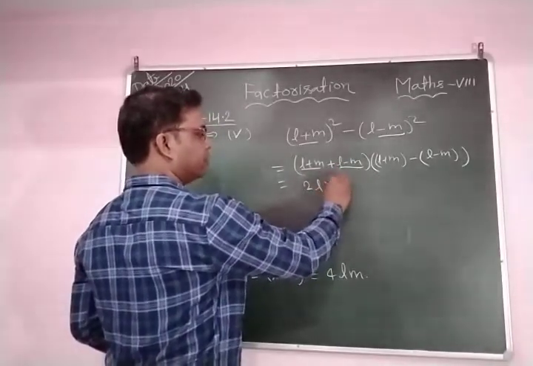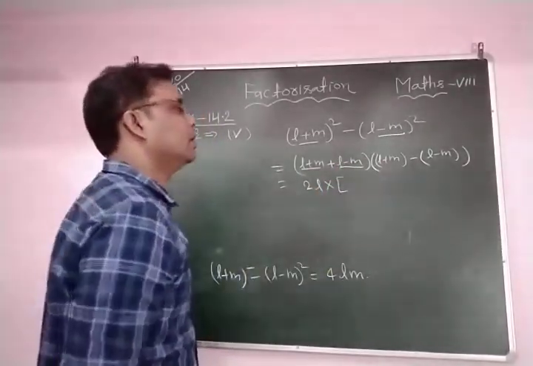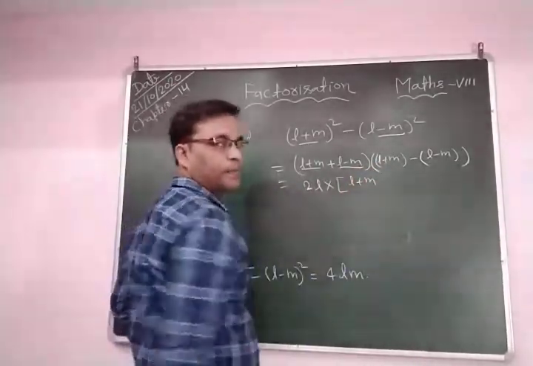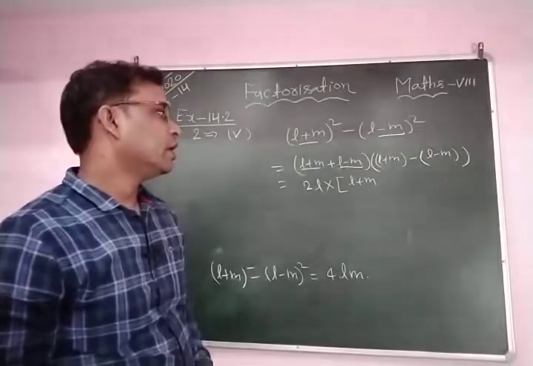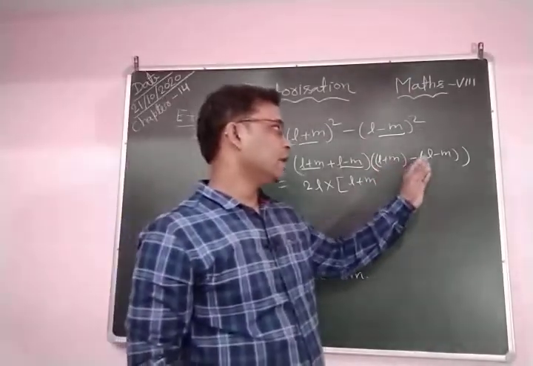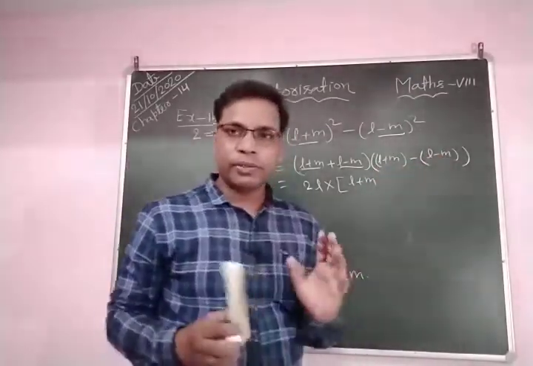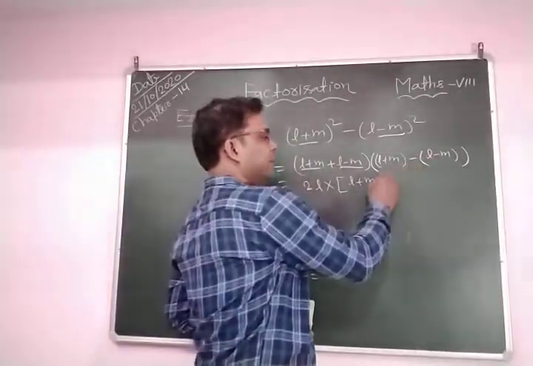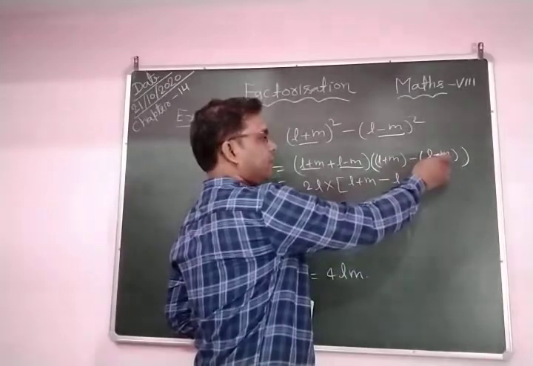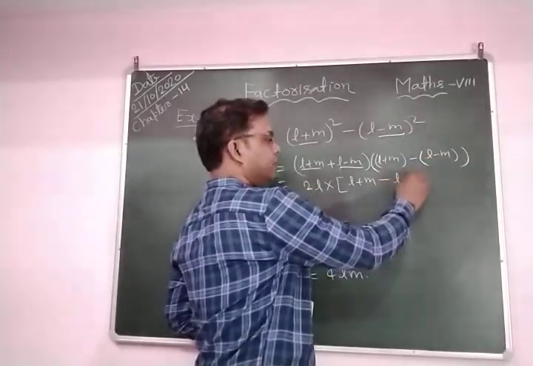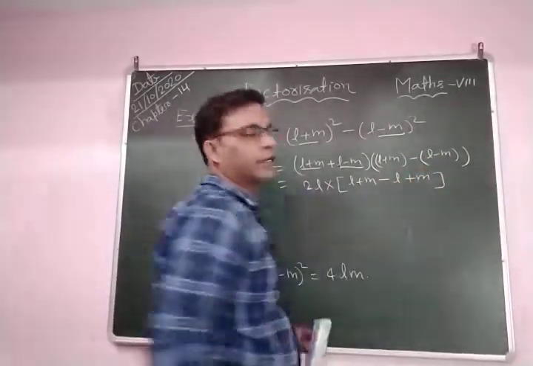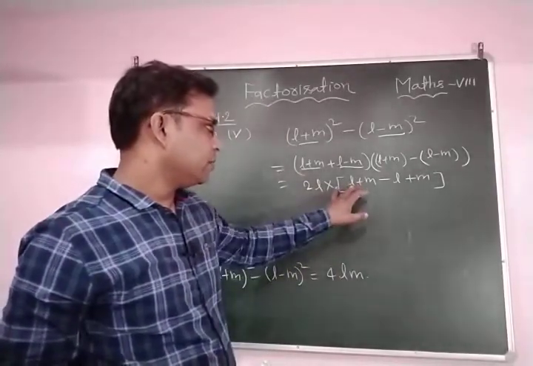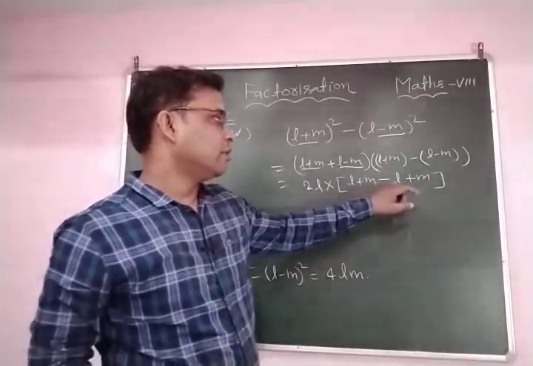Now here l plus m, so you write l plus m. And here minus (l minus m). When you open this bracket, l becomes minus and m becomes plus. Clear?